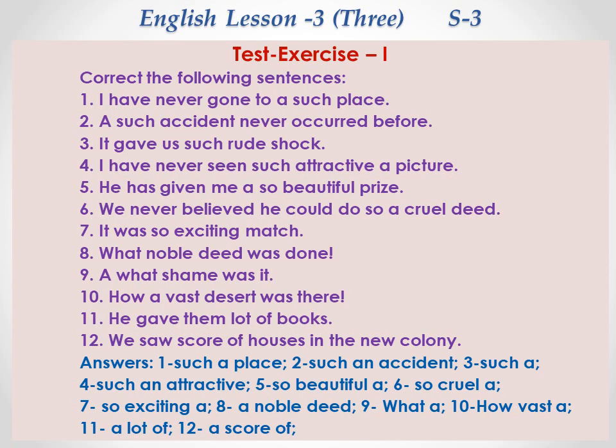So please try to solve this exercise on your own. So you will be able to understand and become perfect in the English language about the kinds of article to be used accordingly based on rule 6 to rule 13. So now we move to the next slide, slide number 4.